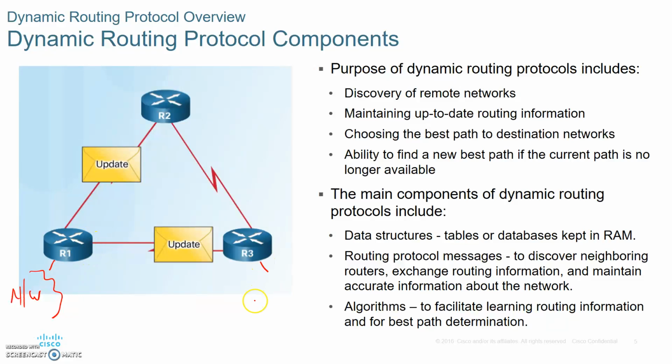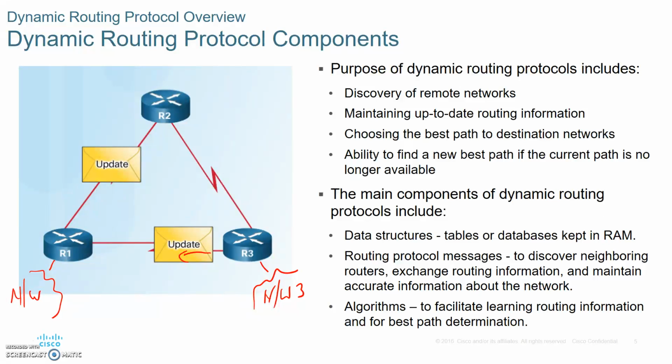But if there's a network connected to R3, network 3 for example, then R1, because it's not directly connected to network 3, requires someone to tell him this network exists. So we can use dynamic routing protocol to help him. R3 basically will send an update to R1 telling R1 that this network exists.